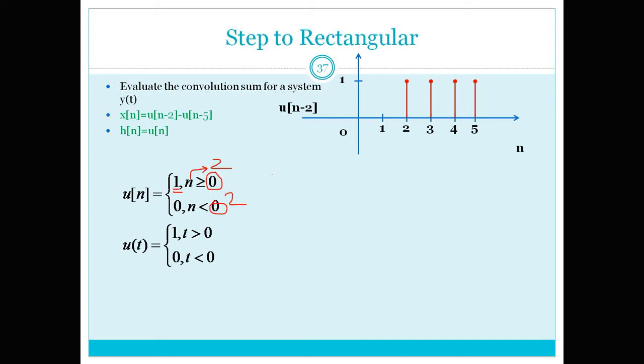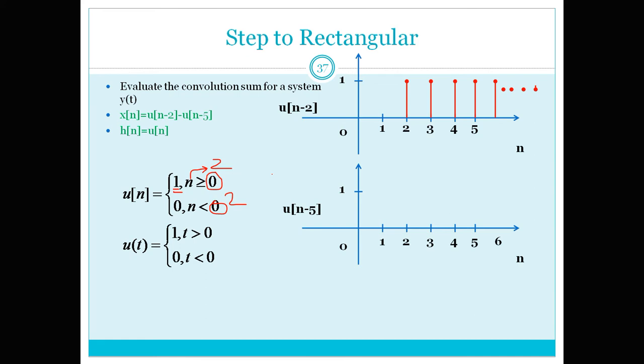It's a very important part. Now I need to draw u of n minus 5, which also goes up to infinity. Its value is 1 from n equal to 5 onwards, so at n equal to 5 also its value is 1. Now I am going to draw u of n minus 2 minus u of n minus 5. Minus u of n minus 5 means amplitude scaling with minus 1, and then we add these two.